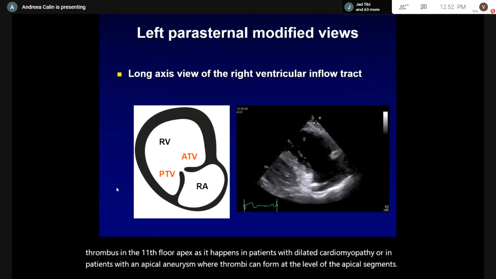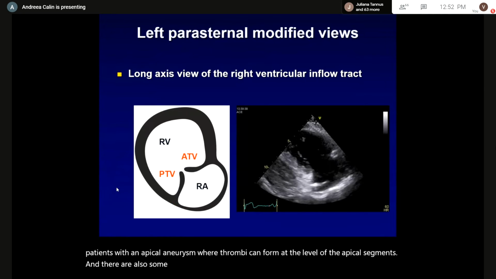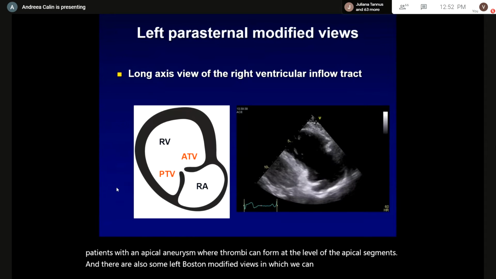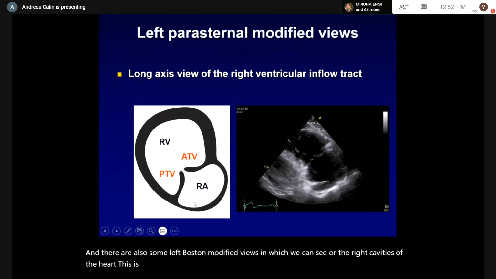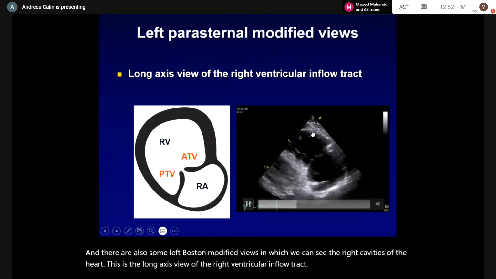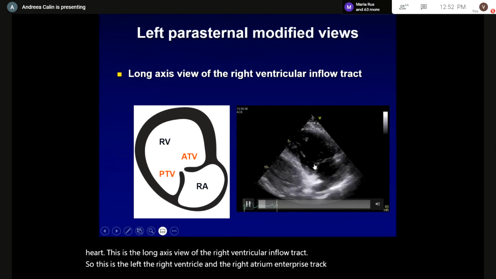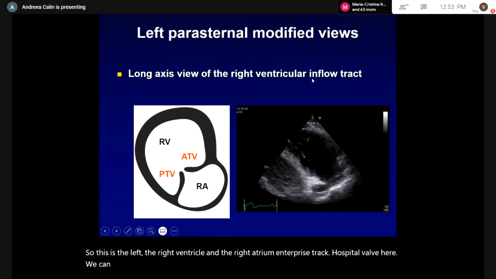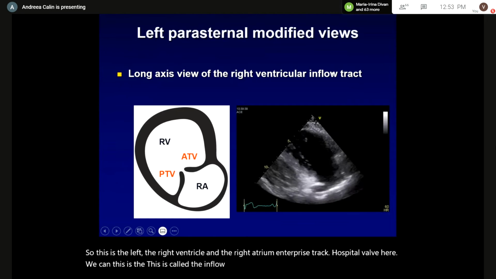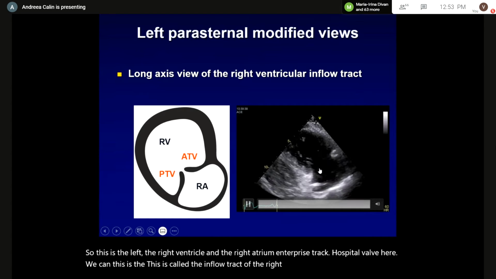And there are also some left parasternal modified views in which we can see the right cavities of the heart. This is the long axis view of the right ventricular inflow tract. So this is the right ventricle and the right atrium and the tricuspid valve. This is called the inflow tract of the right ventricle, because we see the tricuspid valve.